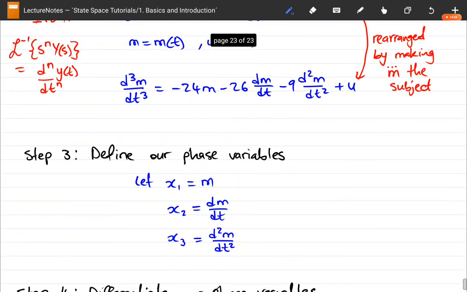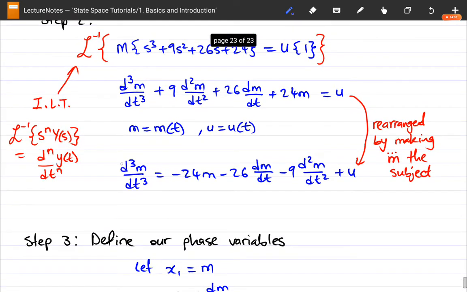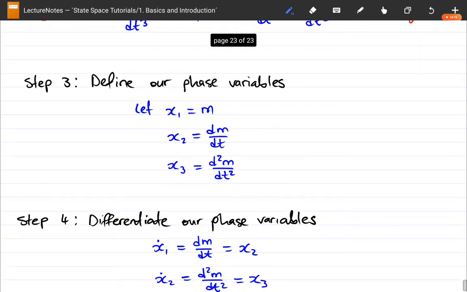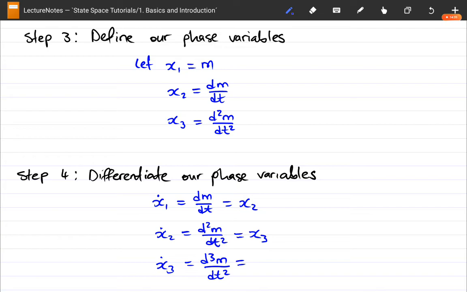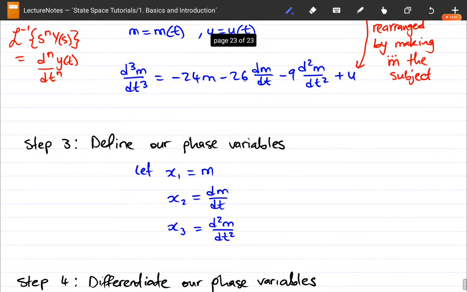Remember, at the end of step 2, I chose to rearrange this. This is our third derivative in terms of the other derivatives and the input, and that's very important. So the third derivative is just everything that's here.